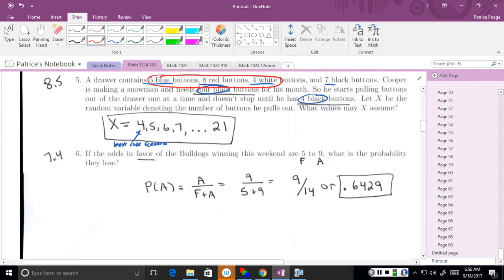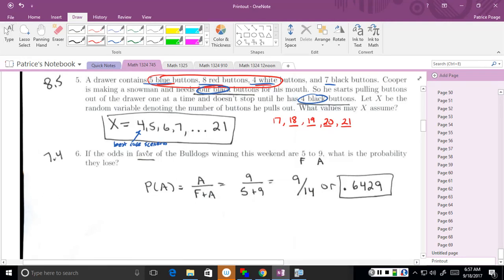So that adds up to 17. But if he pulls out all 17 of the blue, red, and white, we're guaranteed the 18th one will be black, the 19th will be black, the 20th will be black, and the 21st will be black, because that's all that's left in there. And that would give us 4 black. So it goes all the way up to 21.